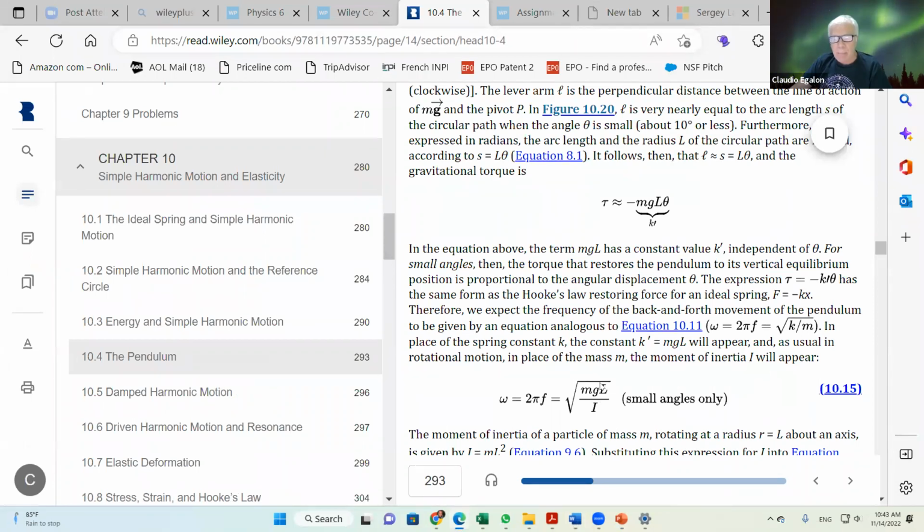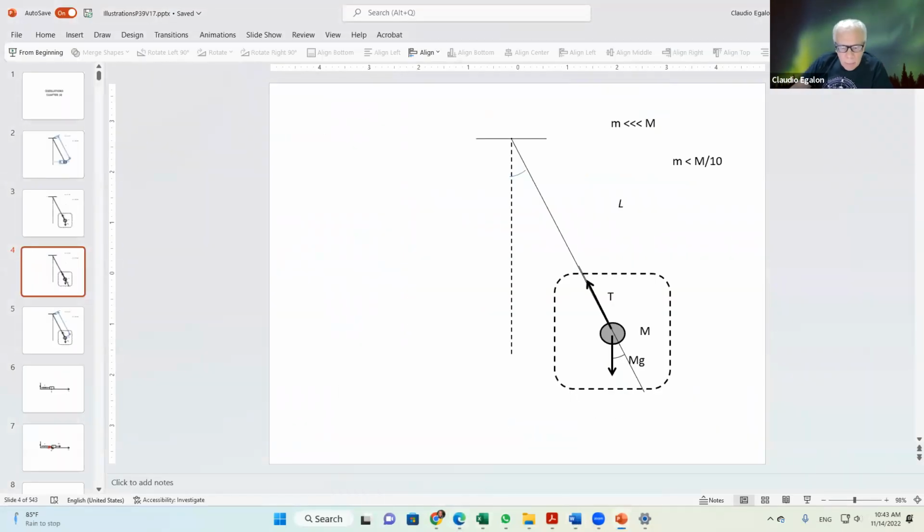Here is my K prime divided by the angular inertia, right?